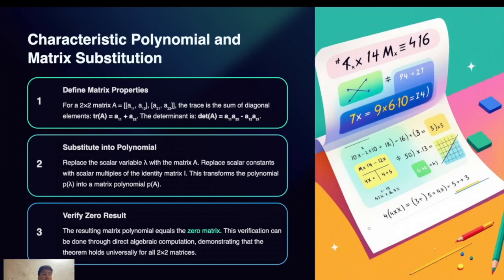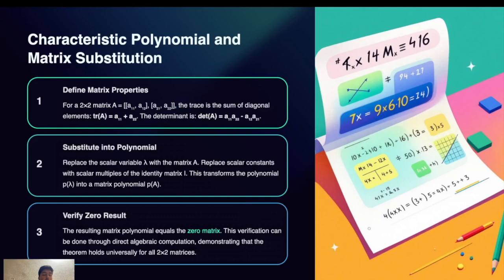Characteristic polynomial and matrix substitution. For a 2 by 2 matrix, we first need the characteristic polynomial. The characteristic equation comes from determinant of A minus lambda I equal to 0. Suppose we consider a 2 by 2 matrix A equal to [a, b; c, d].